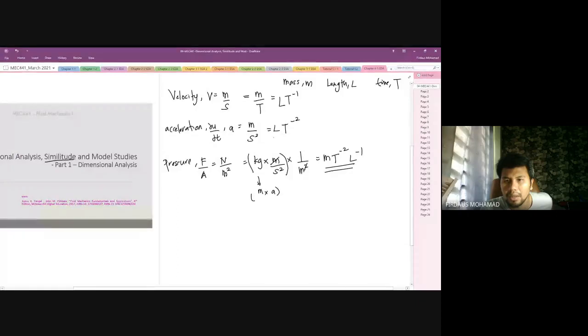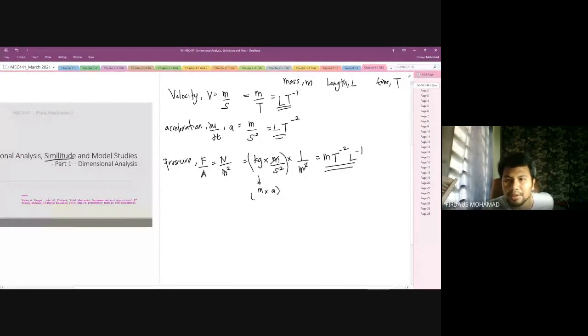This is how the MLT system will be used to come out with the equation, in order to come out with a function to run the experiment. So this is an overview of what we will be using in this chapter.